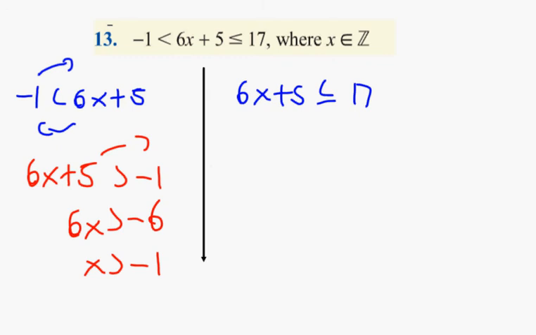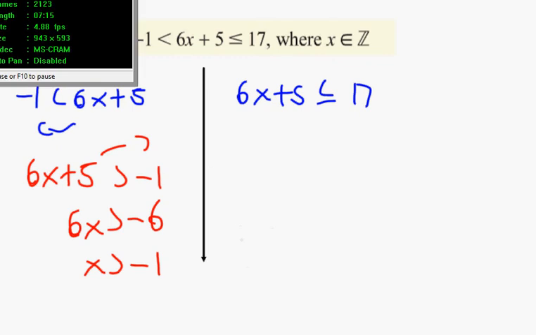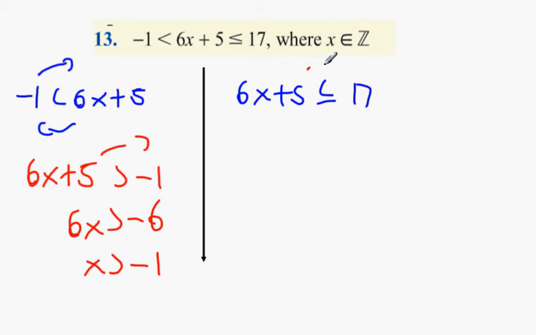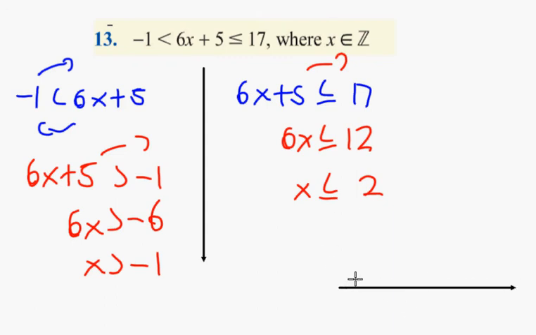The next batch is, okay, so we bring over the 5 and we get 6x is less than 12, x is less than or equal to 2. Draw this number line, okay? And when we draw this number line, what should happen is we'll have this side here and this side this way, okay?